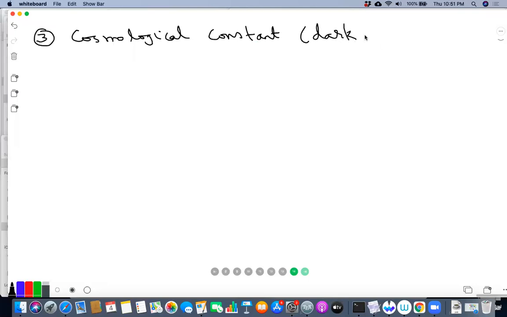Now I'll introduce a third component, which is also present in our universe. This is the cosmological constant, which is also sometimes called the dark energy. To begin with, it arose as an extra term in Einstein's equation.